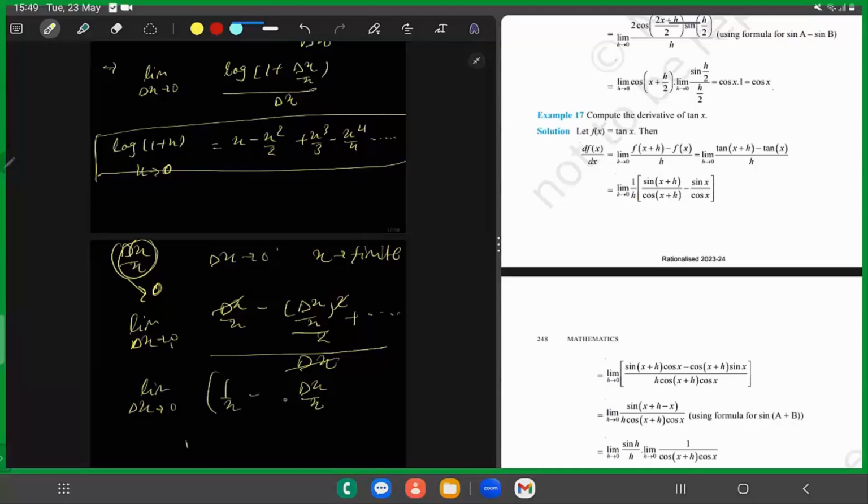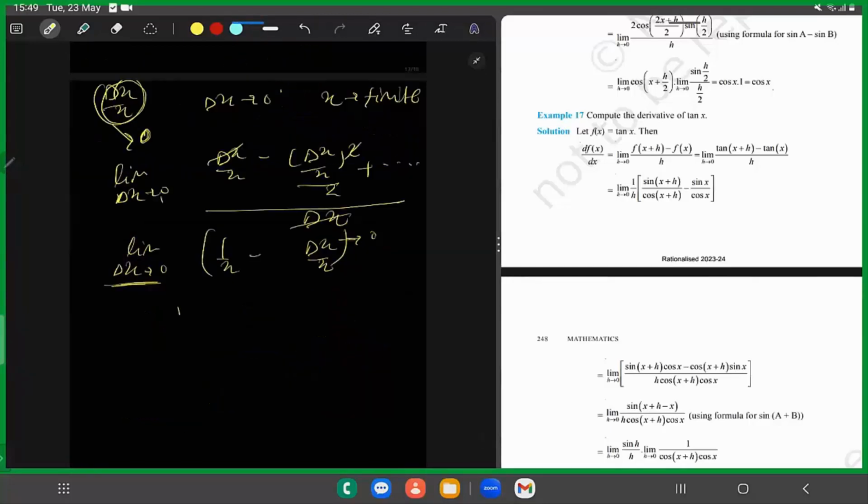Now the important thing to note here is that our variable is delta x, not x. x is constant for us, but only delta x is tending to 0. So even if we put delta x directly into the answer, we will be only left with 1 by x minus 0. This is our finite answer, and this will be equal to 1 by x.